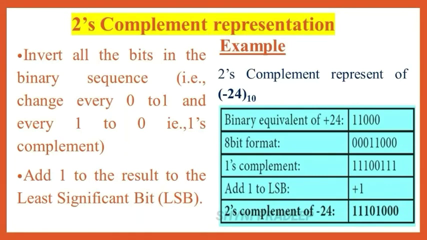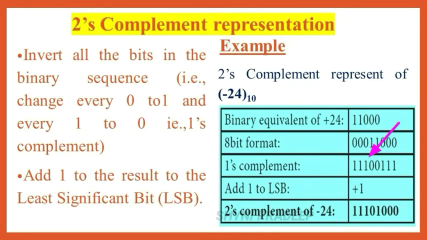Okay. See this example. 2's complement representation of minus 24 base 10. Its binary value is 11000. You have to add 3 more bits, which means 3 more zeros, to make it 8 bits. And next, find the 1's complement, which means change all 0 to 1 and all 1 to 0.